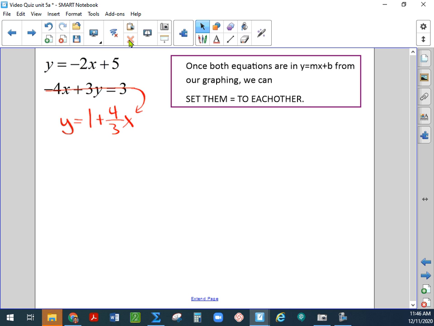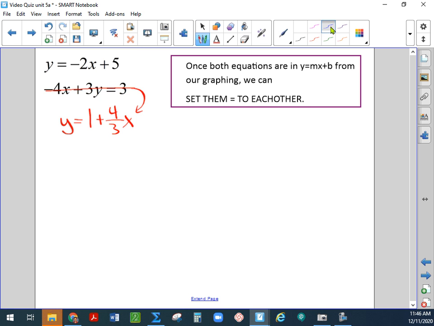So once both equations are in the y equals mx plus b form from our graphing, we can set them equal to each other. This is what that looks like.